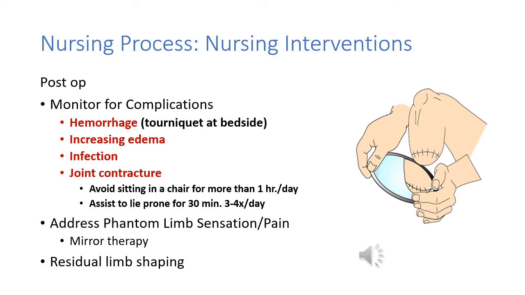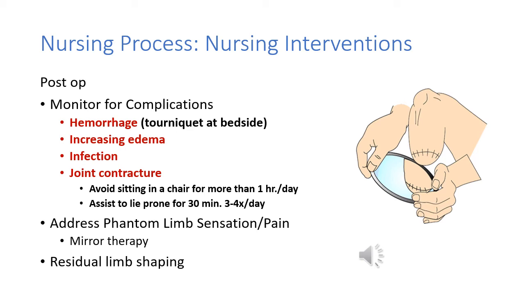Remember that an amputation involves the severing of major blood vessels, including arteries. So if a client's incision opened up, they could bleed out very quickly. And that's something a few years ago we saw in clinical on the vascular unit, so it does happen. So there should be a tourniquet at the bedside and very present monitoring for hemorrhage.